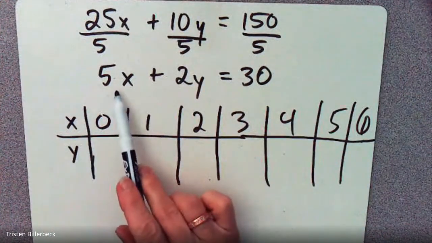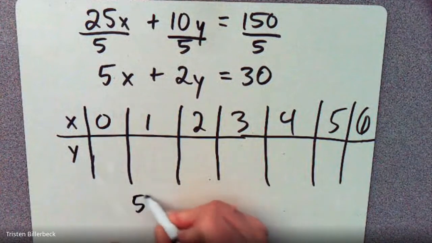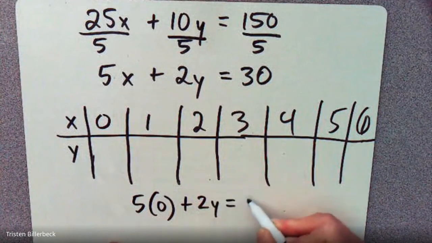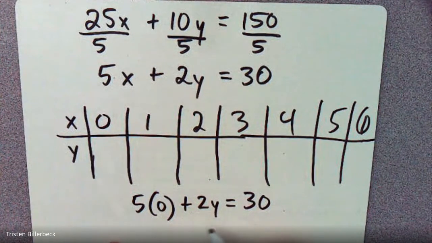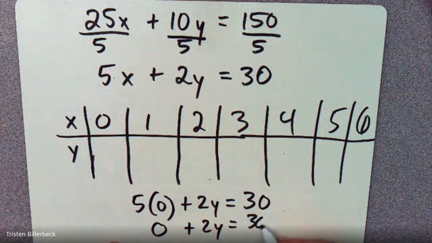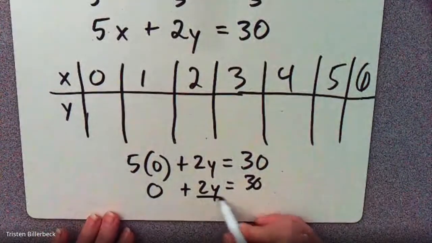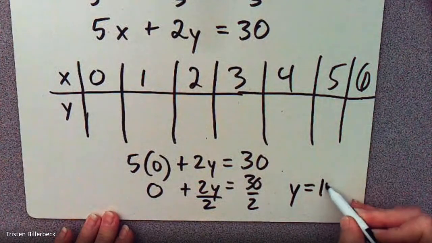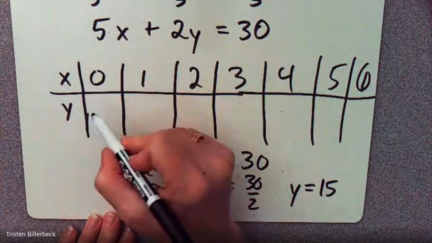If we have 0 reserve seats, then 5 times 0 is just 0, plus 2y equals 30. So we divide by 2, and we get 15 general admission seats.